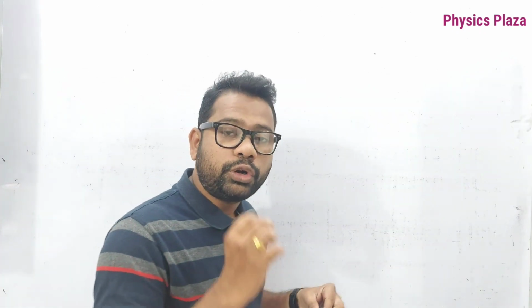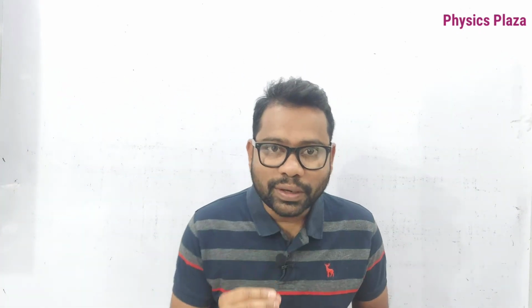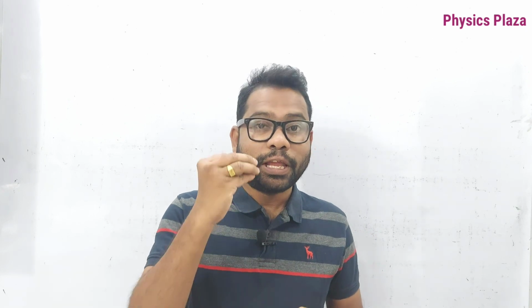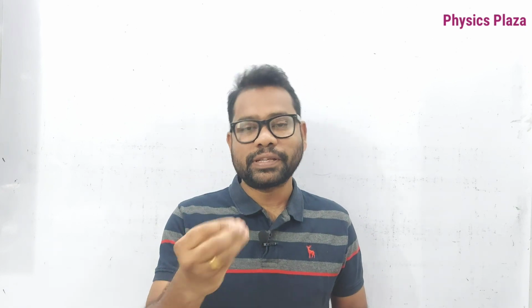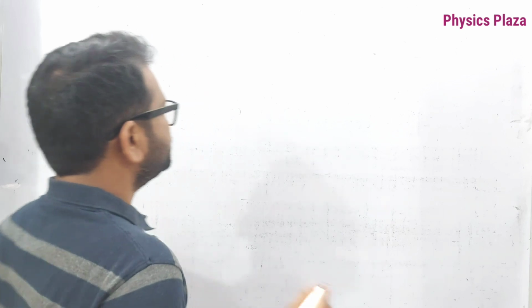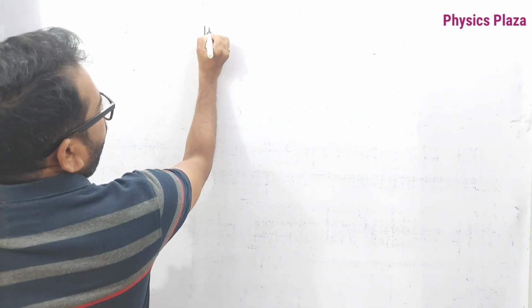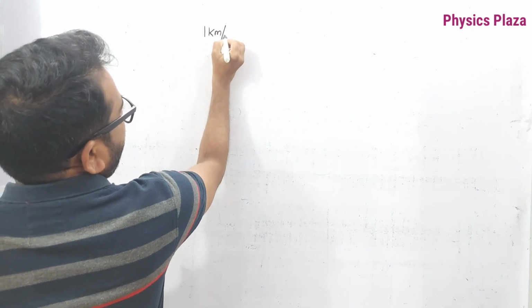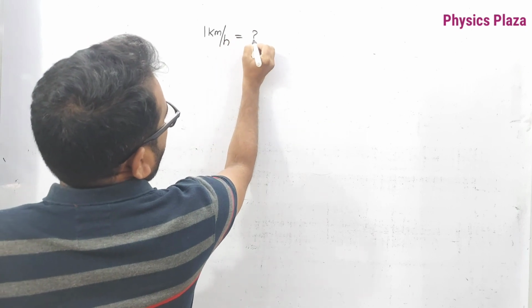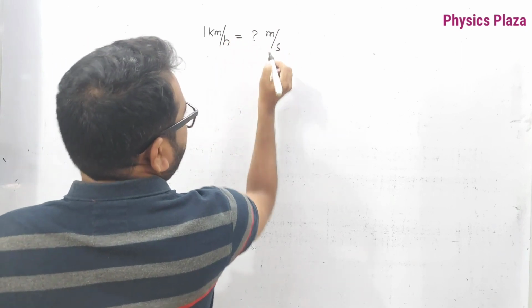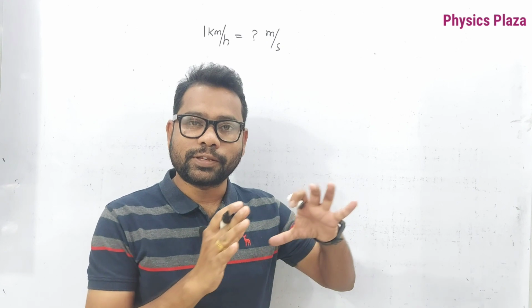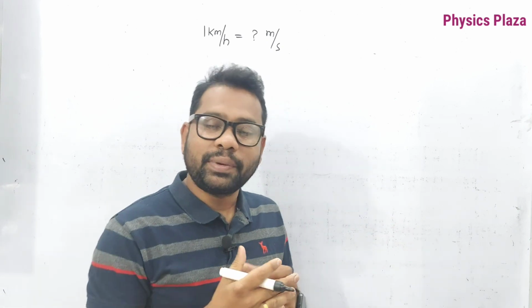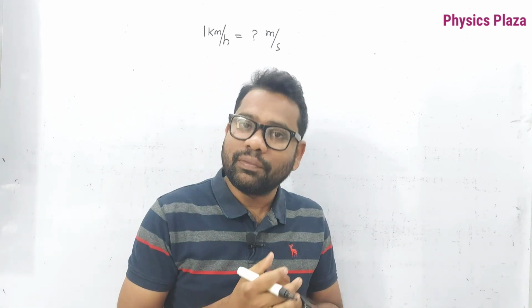Before solving the numericals, we need to understand the relation between kilometer per hour and meter per second. So first let us see that. Children, look here: 1 kilometer per hour is equal to how many meter per second? This is very important to understand so that conversions will become very easy.